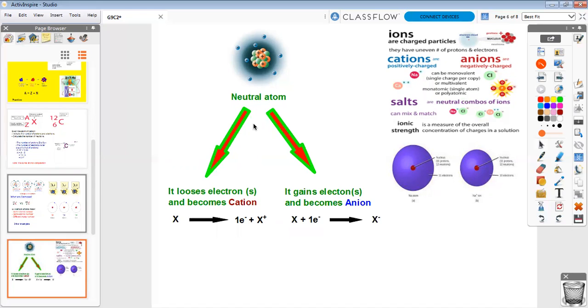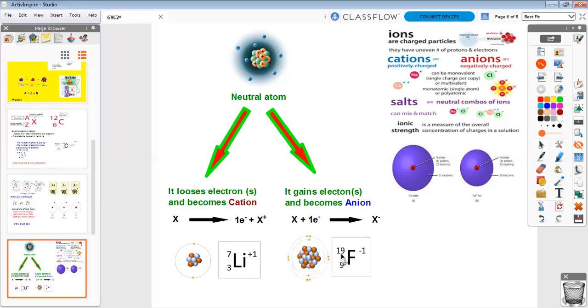If this neutral atom gains electrons, it becomes an anion. For example, cation Li plus 1: this Li loses one electron to become positively charged, to become a cation.